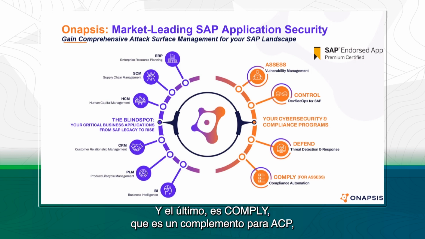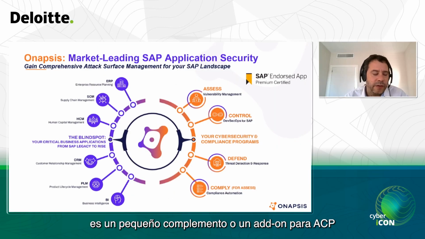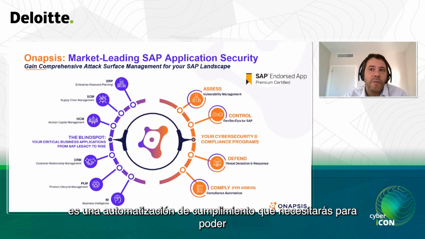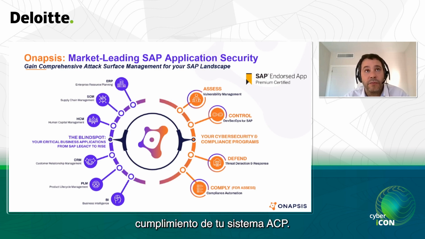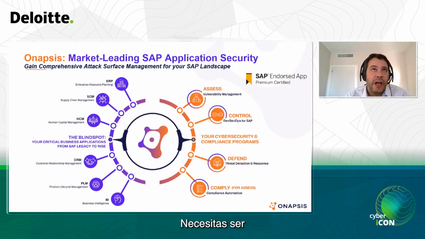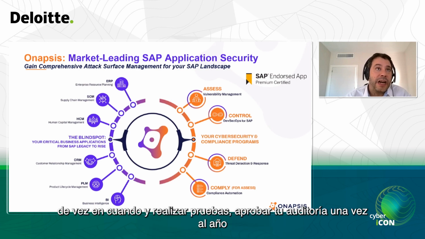And the last one, Comply, which is an add-on for Assess, is compliance automation. In order to work on the compliance of your SAP system, you need to scan your systems every now and then.